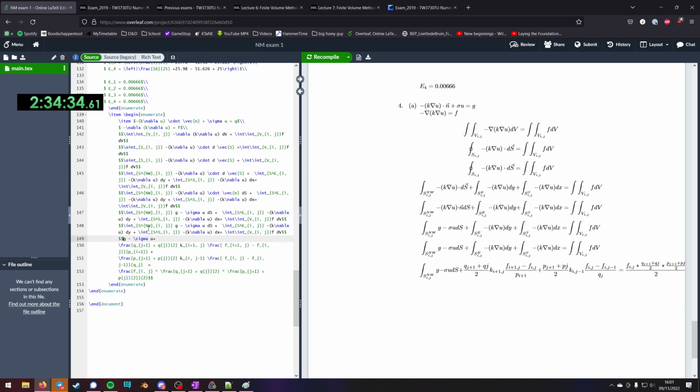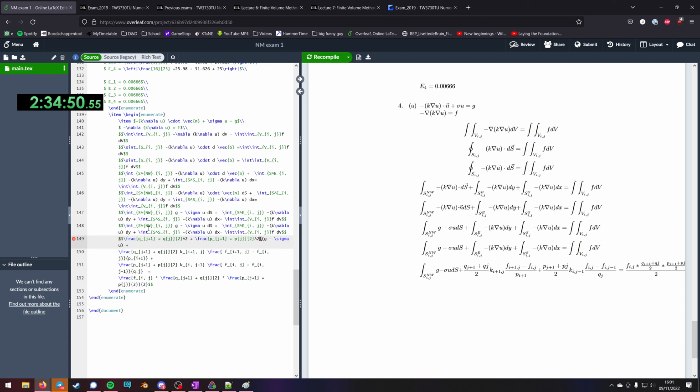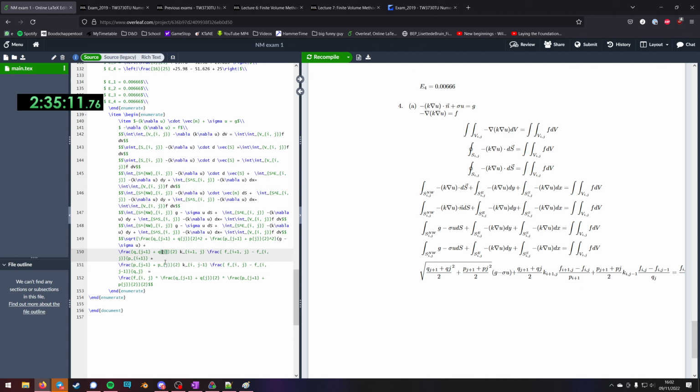So then this is g sigma u times the fraction of this one squared plus the fraction of this one squared, and then the square root of the entire thing. And then I think technically this might be it. Okay, my qj and my pj are not tiny.